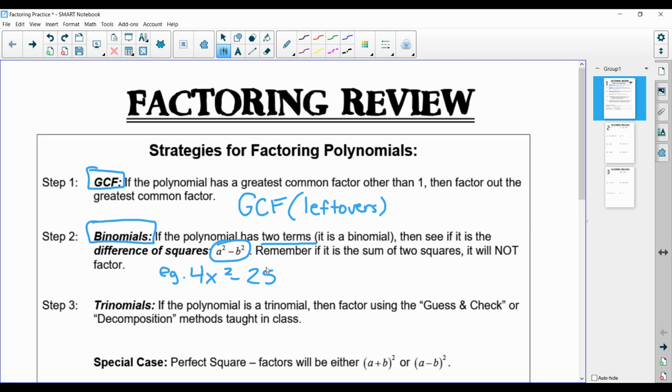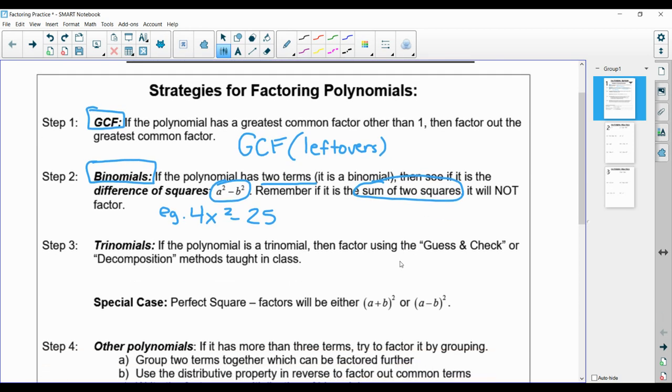Other times you just can't pull anything out, and then it just means it's not factorable. If you come across a sum of two squares, this is not factorable because there's no situation where we can find two numbers that have perfect squares in each term, and we get an addition. When we get into factoring some examples down the road, you'll see that.